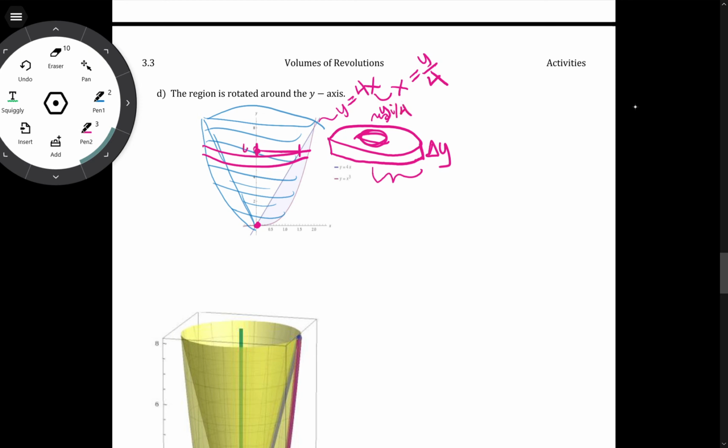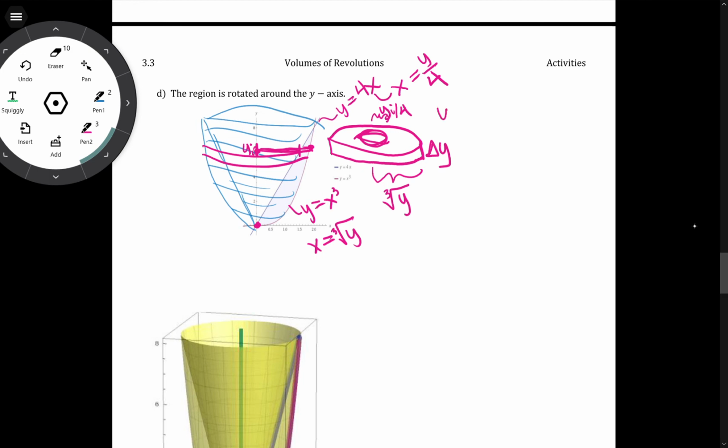And this is our y sub i that we're picking. Outer radius, same idea. We go from the y-axis to the outer curve. The outer curve is y equals x cubed, which means the x value on the outer curve is the cube root of y. We don't need a plus or minus anywhere because we're actually starting at the axis and going out to the curve. Whenever you have that, you're not going to need that plus minus on your radius.